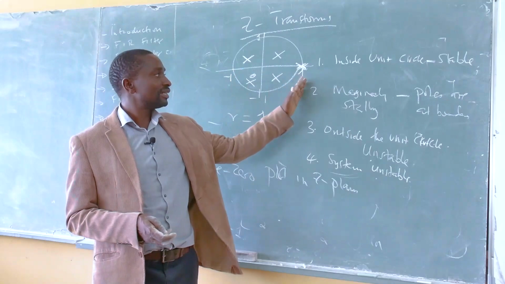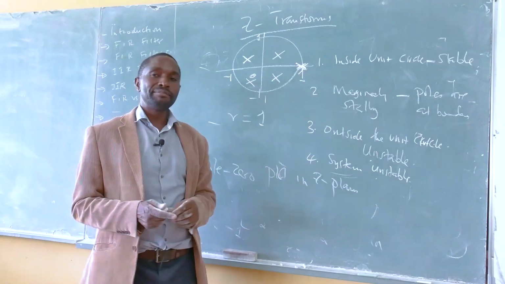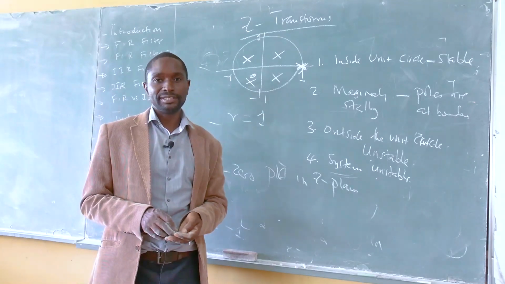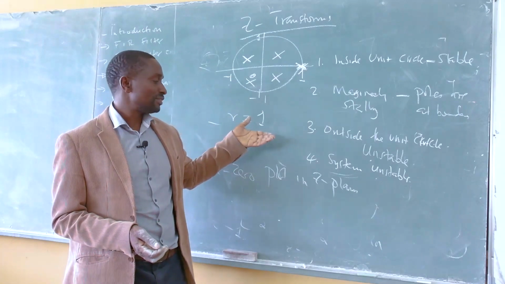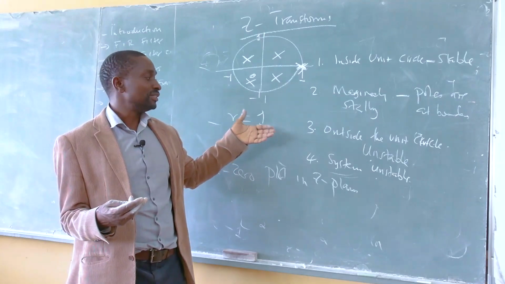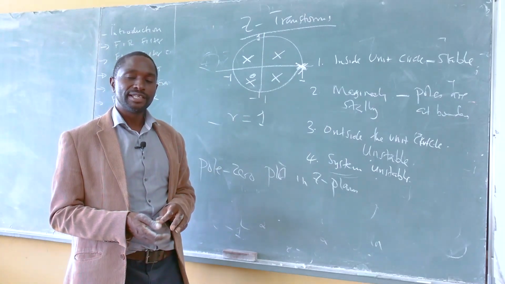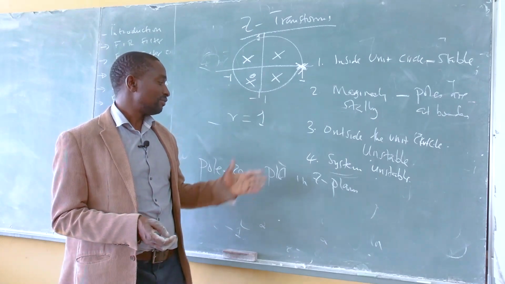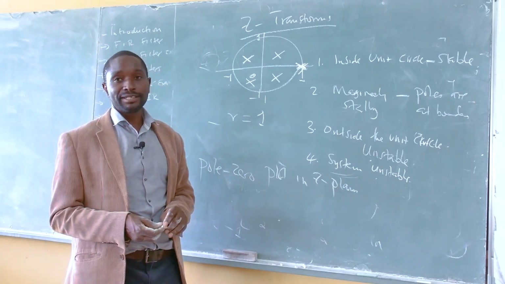But when they are outside, or two poles appear at the boundary, then we say the filter will be unstable. So this lecture on the z transform forms a very good foundation in the understanding of digital filters, difference equations, and the convolution of discrete signals, and it will be very key as we move to the next lecture, lecture number 9.